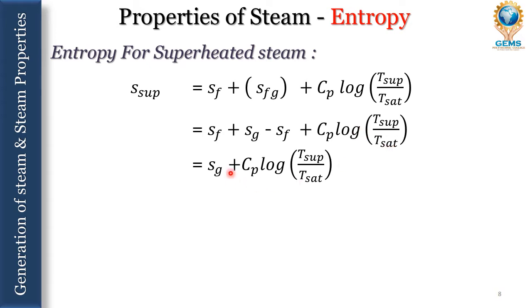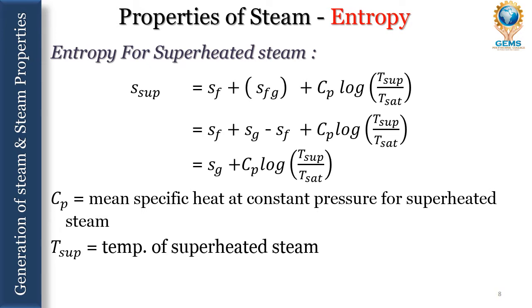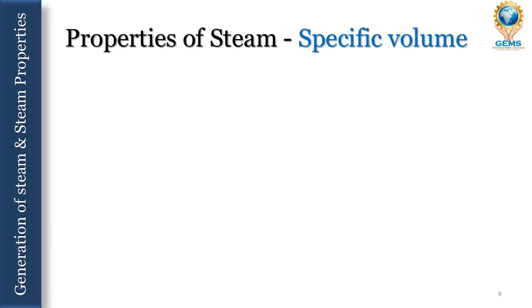So Sf plus (Sg minus Sf) plus Cp into log of (T superheated by T saturation), and Sf gets cancelled, we get Sg plus Cp into log of (T superheated by T saturation), where Cp represents the mean specific heat at constant pressure for superheated steam, T superheated represents the temperature of superheated steam, and T saturated represents the saturation temperature at the given constant pressure.